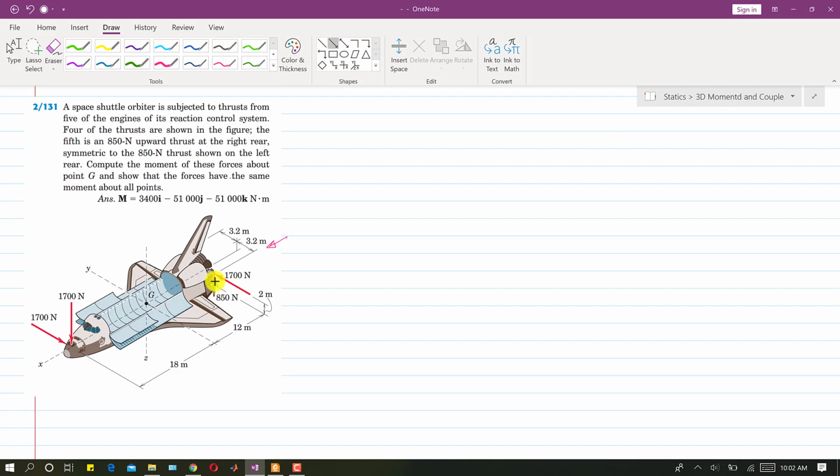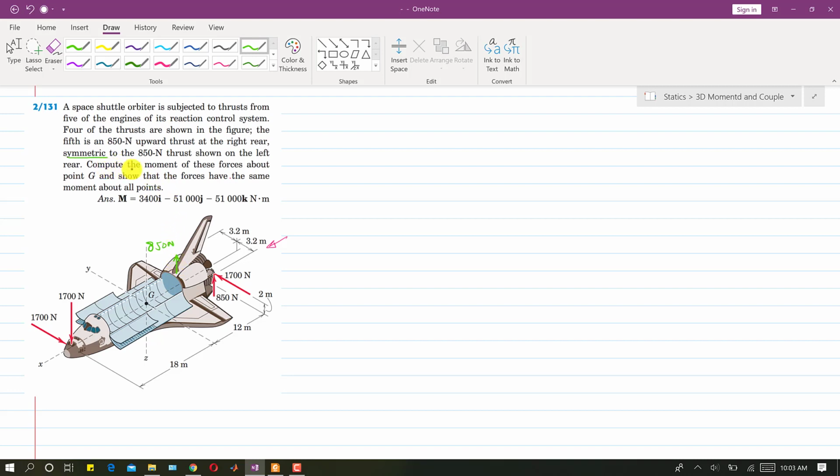If I draw this and move it towards that side, let's suppose that somehow we are able to see the right side of this orbiter. So here is that 850 Newton force at the same location, and in the same direction. And it says that 850 Newton force is symmetric on the left rear side. By symmetric, it means that it has the same direction and the same location, right?